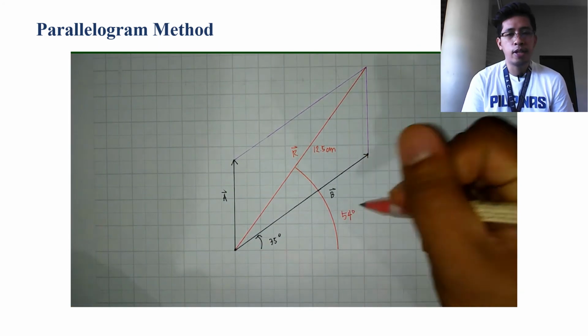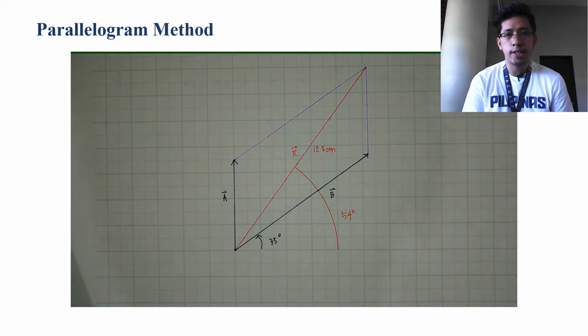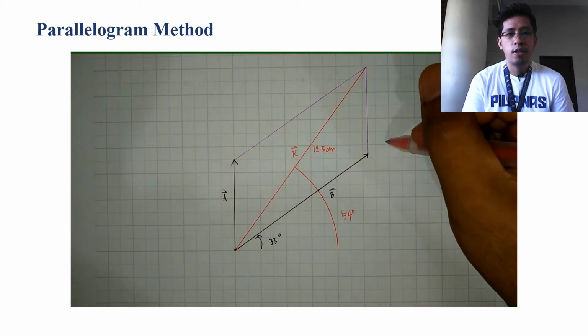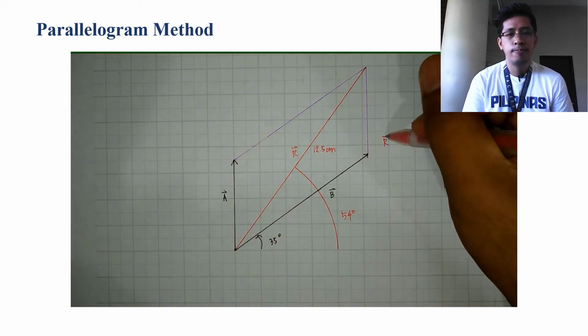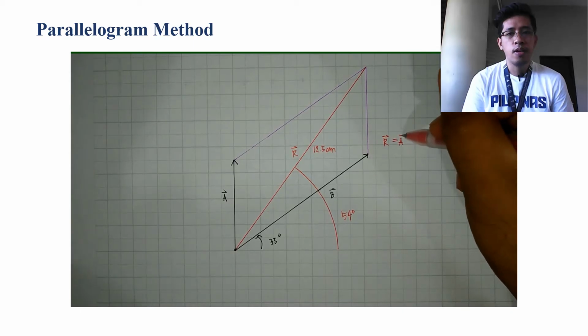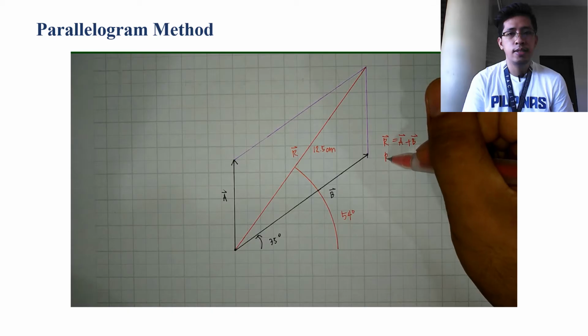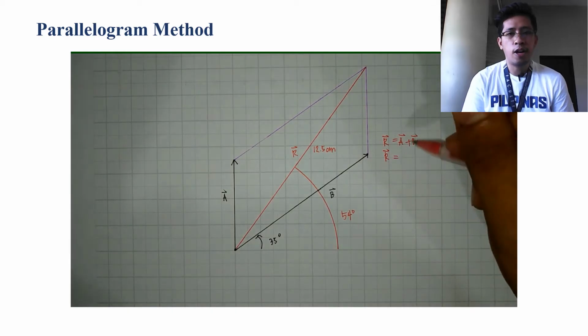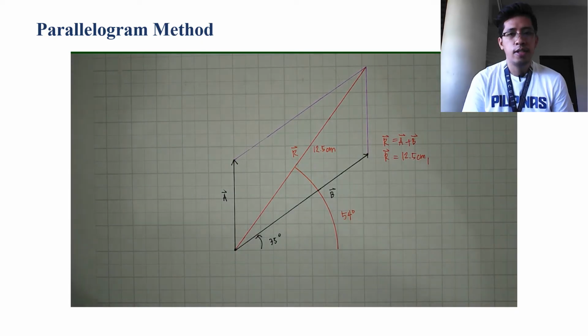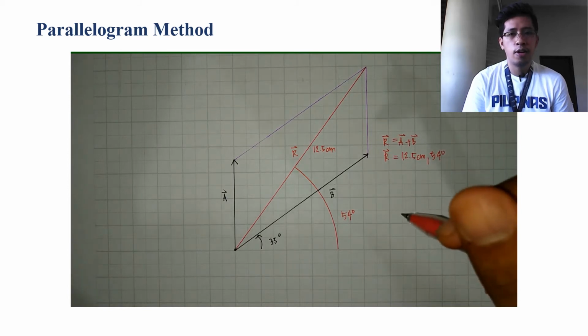So by the parallelogram method, we have obtained your resultant vector R, which is equal to your vector A plus your vector B. Your R has a magnitude of 12.5 centimeters, directed 54 degrees north of east.